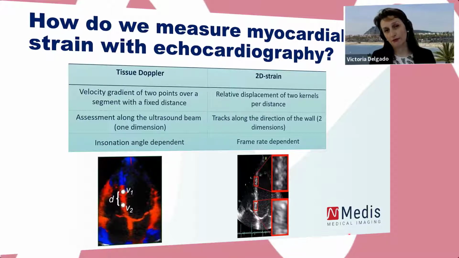The disadvantage in comparison to tissue Doppler is that it's frame rate dependent. So when we have very high heart rates, we are going to see the 2 points moving along the direction of the myocardial wall at two different times, and we may lose part of the peak of strain. These are the two technical points that you have to keep in mind.